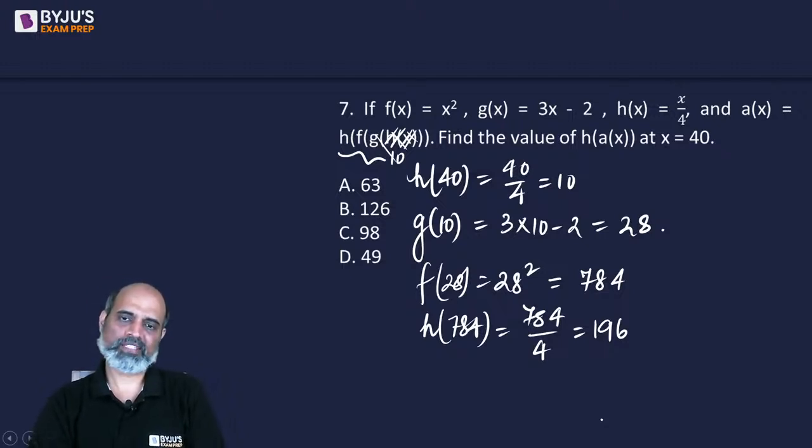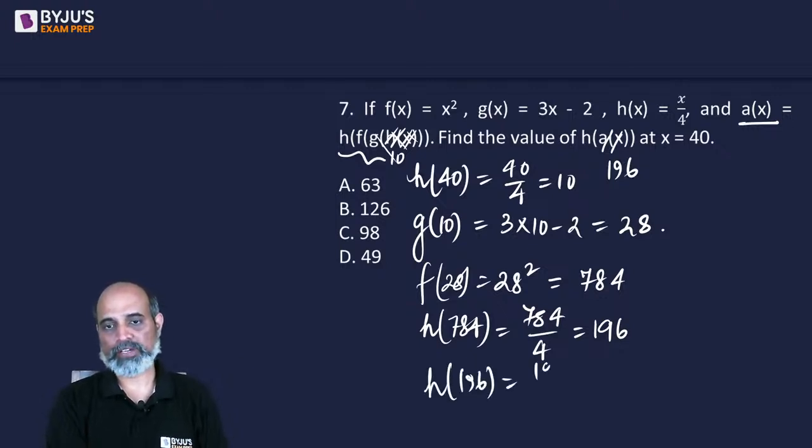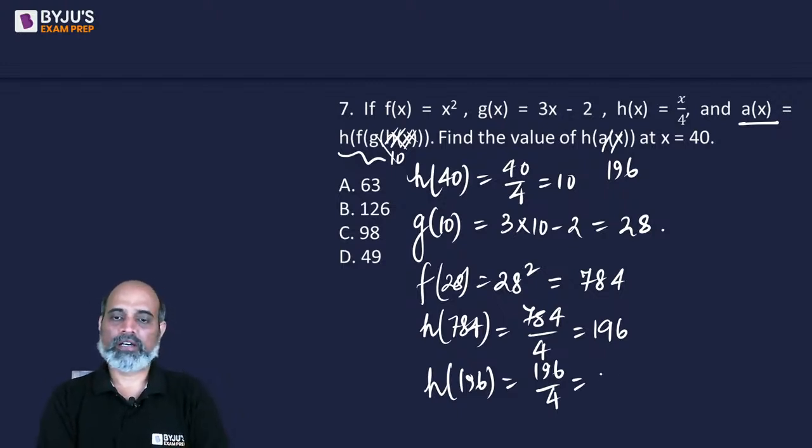Okay. So we have found out what a of 40 is. So this is going to be 196. Now we are asked to calculate what is h of 196 again. So h of 196 will be 196 by 4, which is going to give us 49.